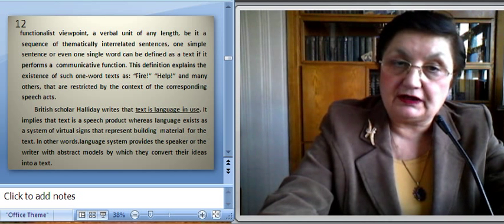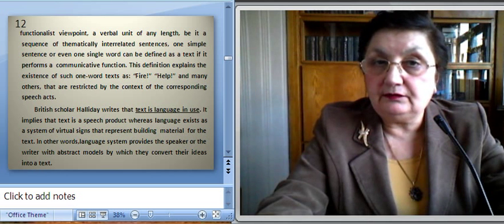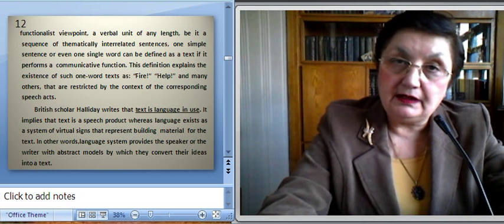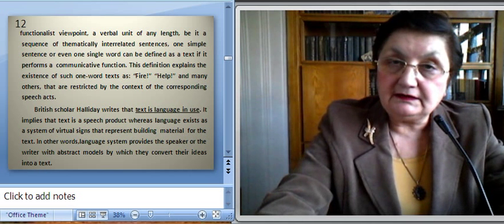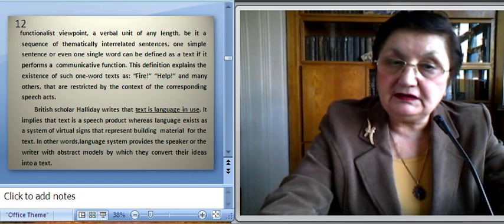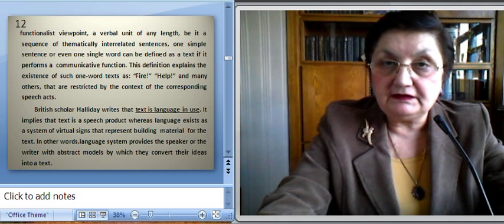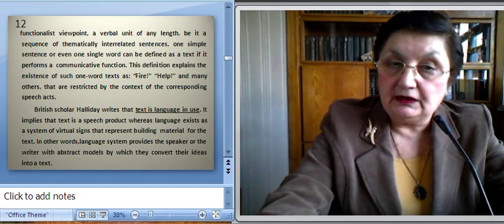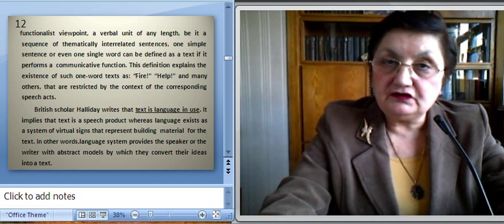This implies that text is a speech product, whereas language exists as a system of virtual signs that represent building materials for the text. In other words, the language system provides the speaker or the writer with abstract models by which they convert their ideas into a text.